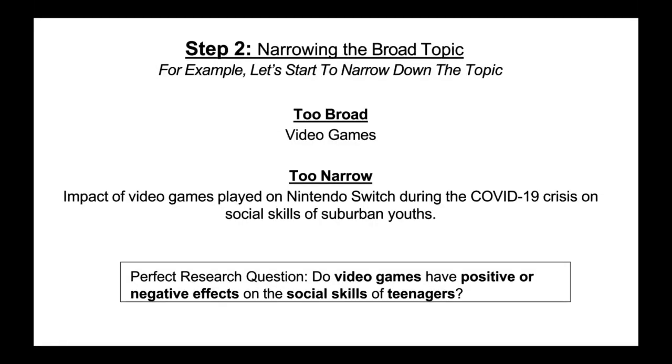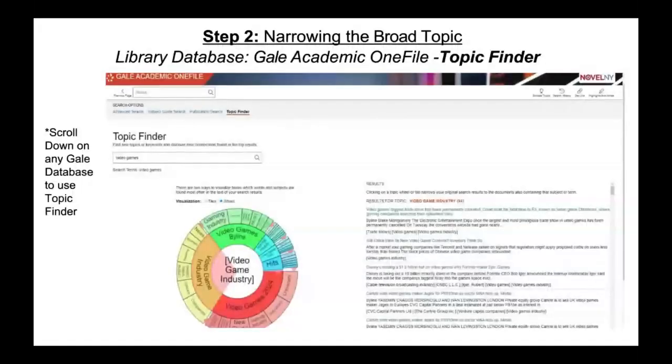So how do we form these research questions from this? Another thing that you can definitely do to narrow down to get that research question is to use another database that I personally enjoy, which is under Gale Academic OneFile, and it's called Topic Finder.